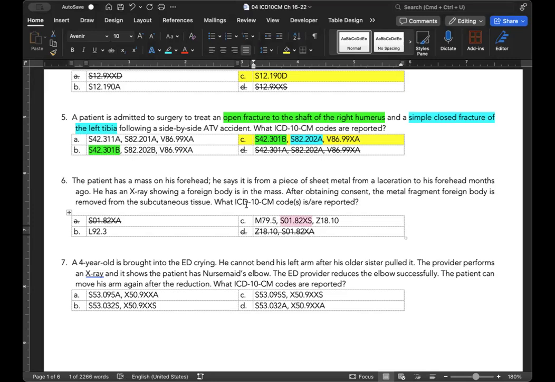They have to do an x-ray to show that foreign body. And then that metal fragment is going to be removed. So it's kind of a roundabout way of thinking, but it's not currently being treated. We are going to treat it because we're going to remove it, but the laceration itself is not currently being treated. Okay, does that part make sense?